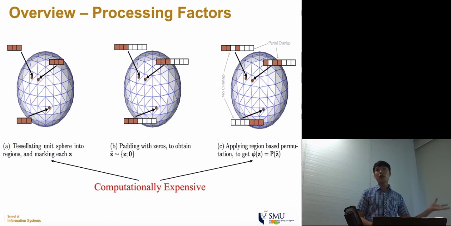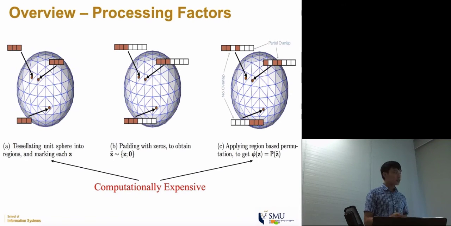And it is also an expensive task because you need to compute with all the tessellating points on the sphere. And the second computationally expensive task is you need to store all the permutations in storage, which also takes a lot of space in memory.